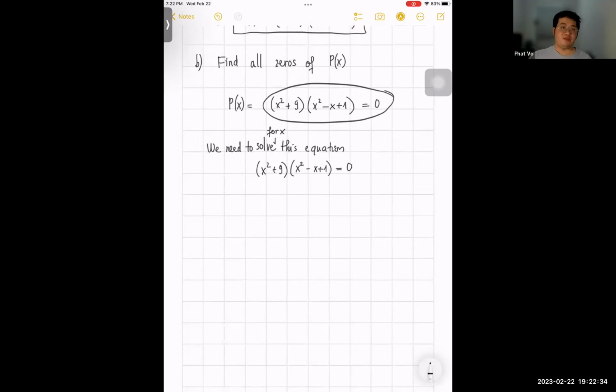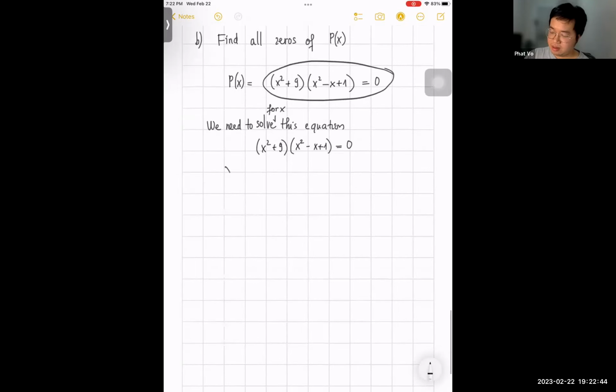So we have the product of two polynomials equal to 0. That means that one of them is 0. In this case, we have x squared plus 9 equals 0, or x squared minus x plus 1 equals 0. Now you will solve both quadratic equations.